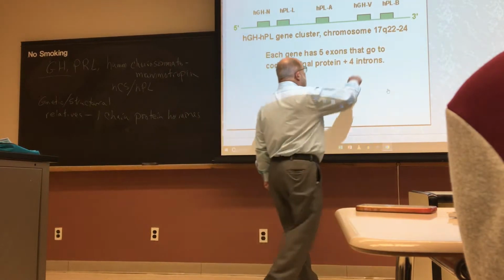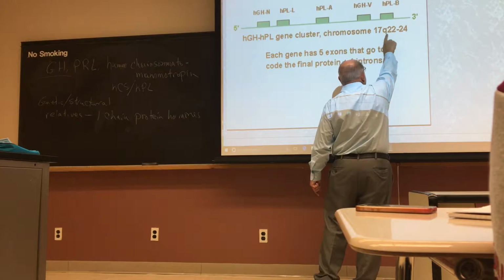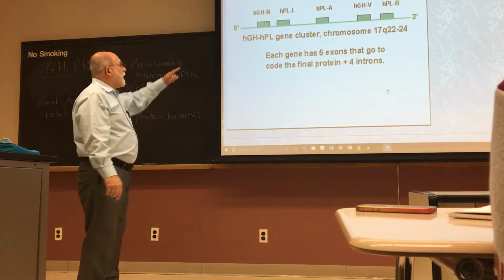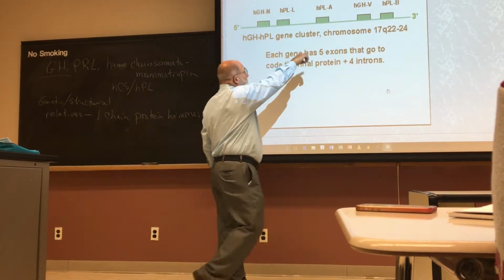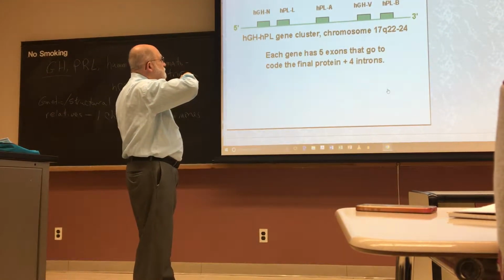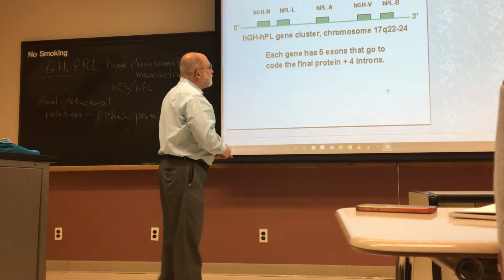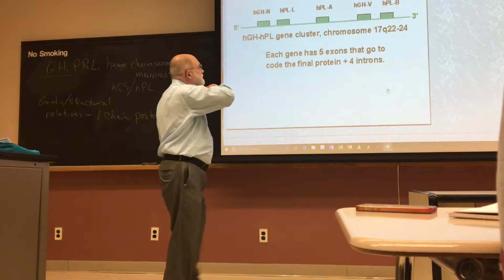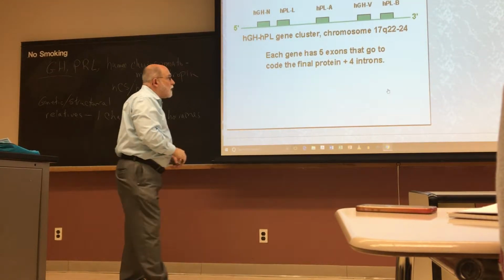In the human, it's on chromosome 17 on the long arm in position 22 to 24. And there are 1, 2, 3, 4, 5. Let's see, one of these is a pseudogene, but the rest of them are functional. So there are multiple placental lactogen genes and a couple of genes for growth hormone.